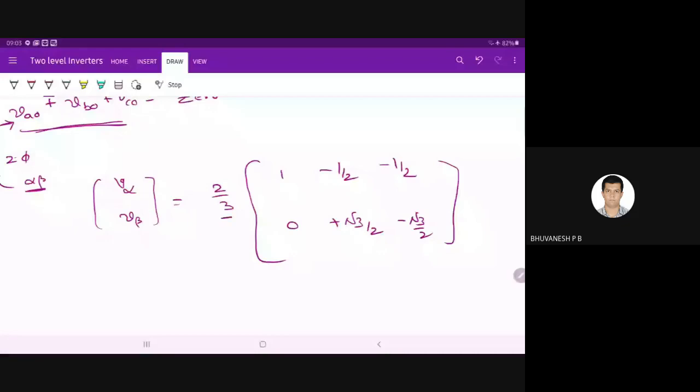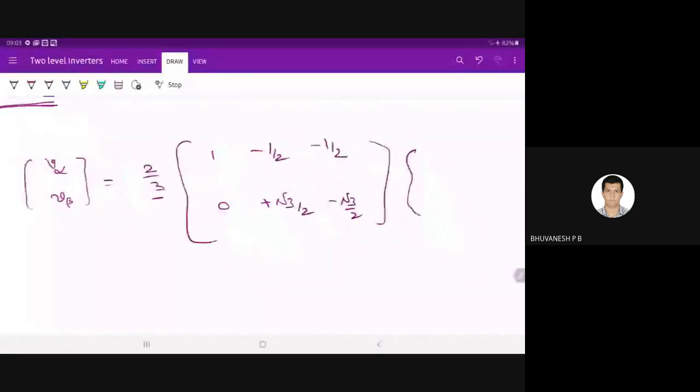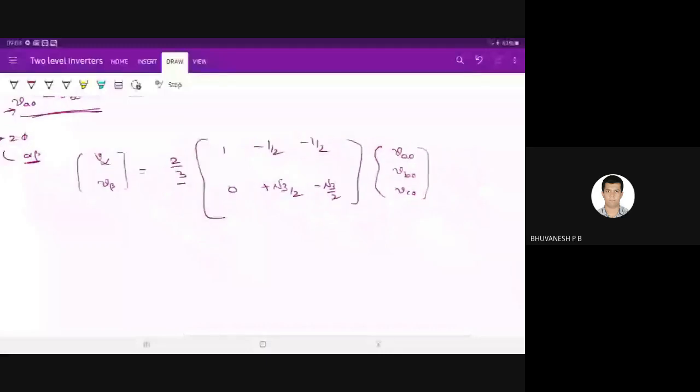If the application is controlling something else, like active power or reactive power, then normally we have to choose root 2 by 3. Our objective is to find the resultant voltage and we are controlling the voltage, so we selected 2 by 3.